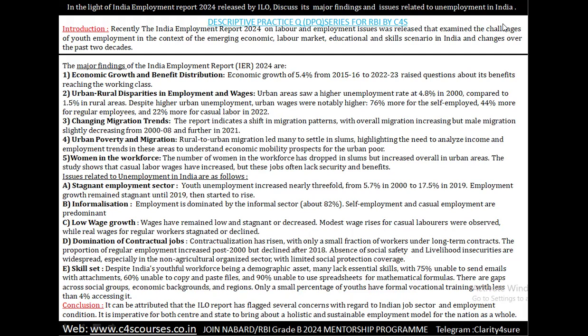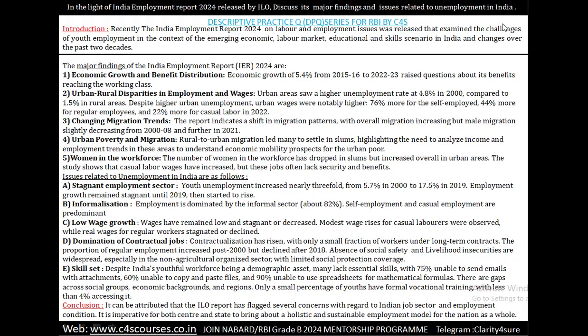The next point is the skill set. You are aware that India's youthful workforce has been criticized because a large portion of it is not employable. That is, they lack a lot of the skill sets that are expected from them.